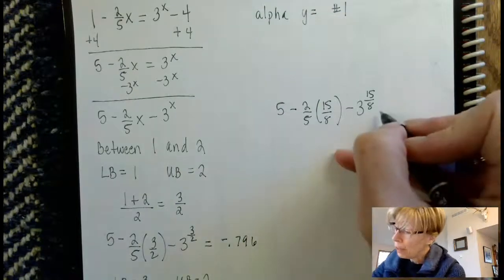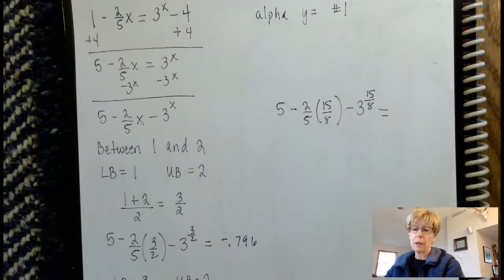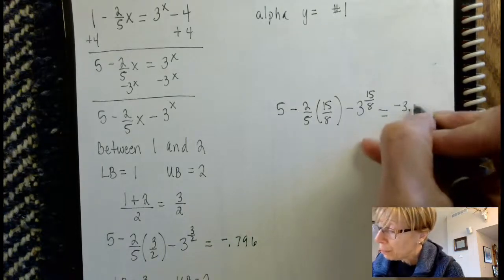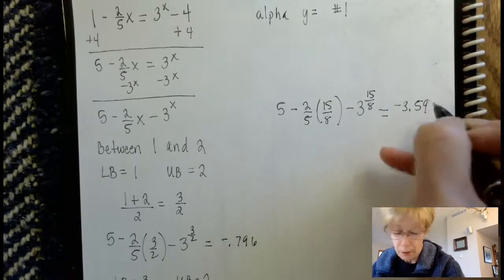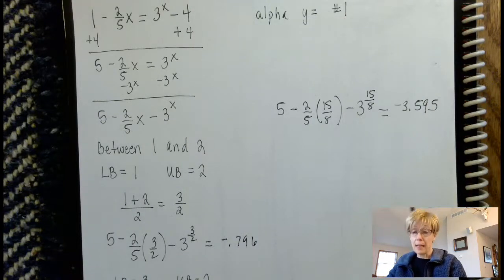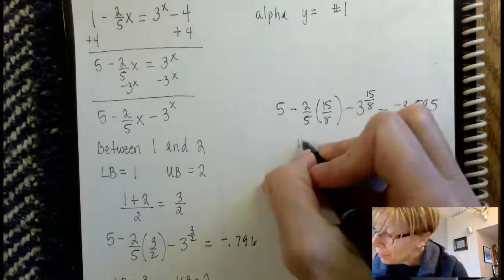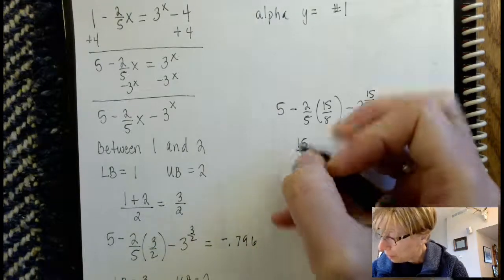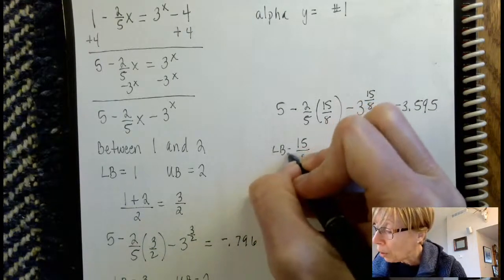And when we type that into our calculator or into decimals, we come up with negative 3.595. And again, because that value is negative, 15/8 is going to be our new lower bound.